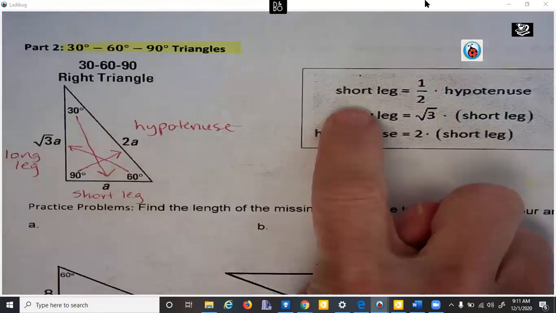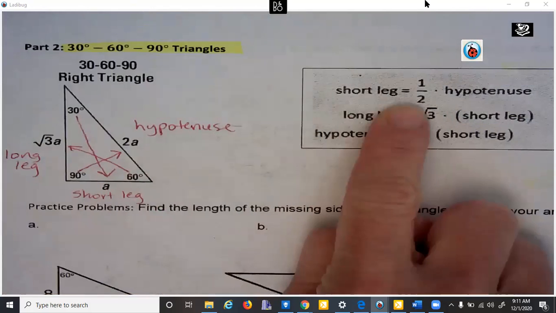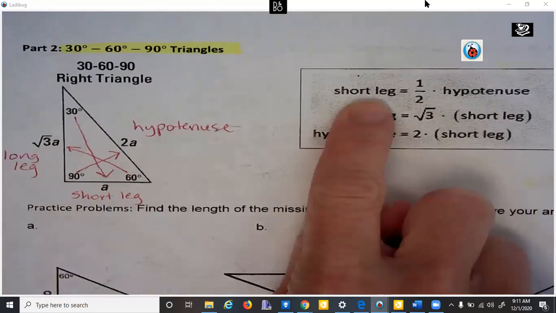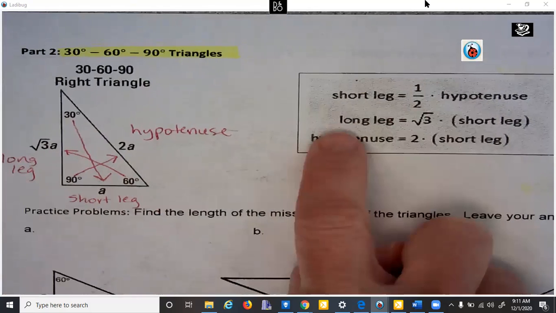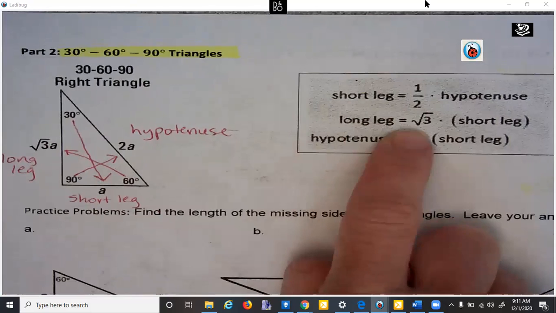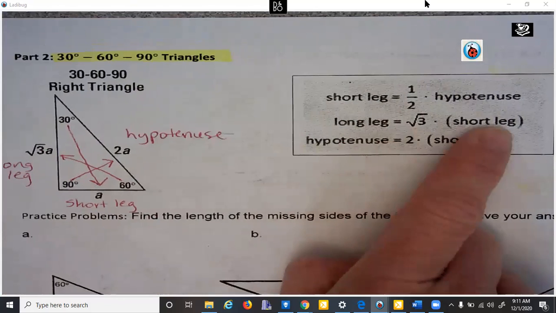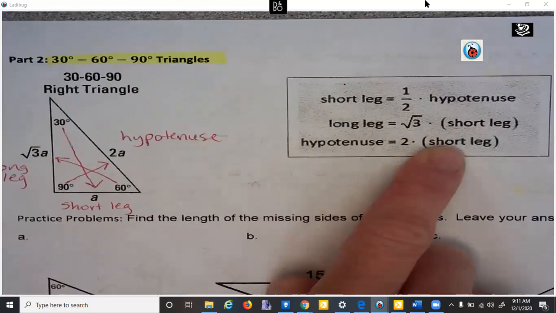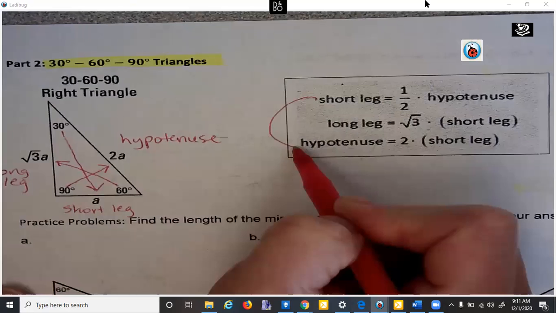The short leg is half of the hypotenuse. The long leg is square root of 3 times the short leg. And the hypotenuse is twice the short leg, right? These two things mean the same.